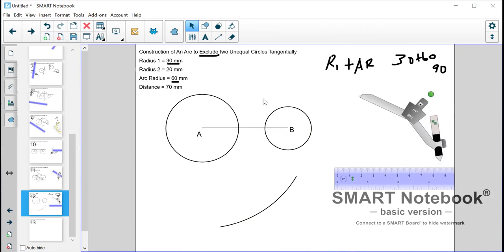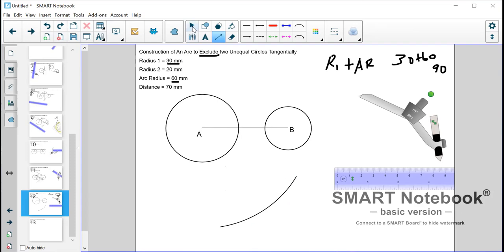Good. Now point to note from this center, this arc is 90 mm. That is what we added up earlier: 60 plus 30 gave us 90. So this distance is 90. Remember that.